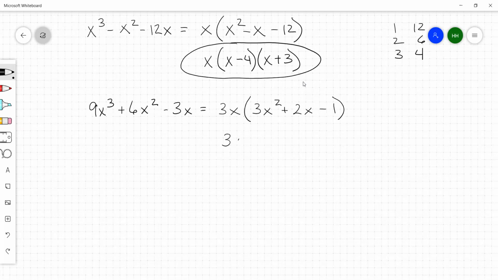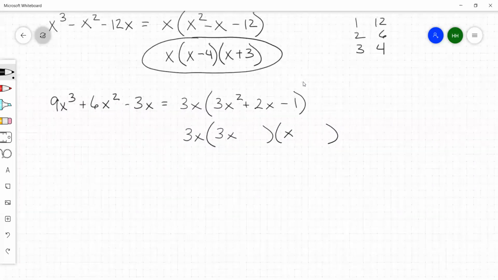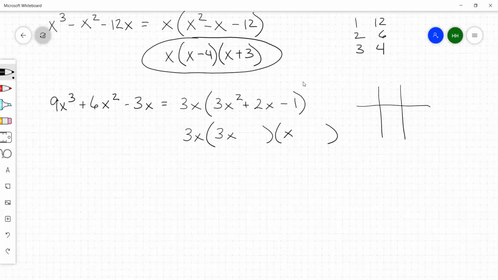So we got 3x times, in the parentheses here, we're going to have a 3x and an x. And if you need to, this is back where we used to draw the table. Where we have one factor with a 3x, the other with an x.